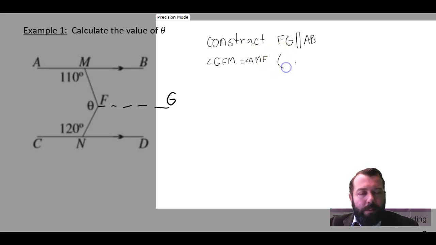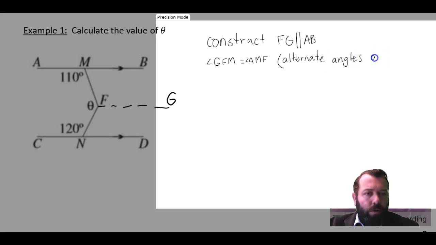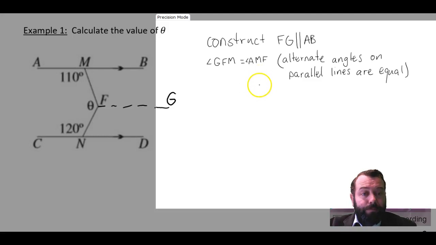And I put in brackets and explain why that is the case, because they are the alternate angles on parallel lines are equal. Okay, that's one of those statements that's in the notes. Alternate angles on parallel lines are equal.